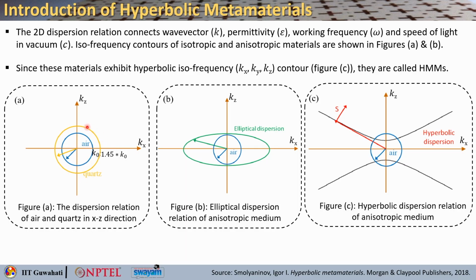You can see that these isofrequency contours are plotted in momentum space or K space. Each point gives you a value of K, that is, a wave vector. In a particular contour, all the wave vectors have the same frequency, which is why they are called isofrequency. Typically they are used in photonic crystals, where isofrequency contours help us analyze how light is going to propagate through the structure. If you see a circular contour, that tells you isotropic propagation.